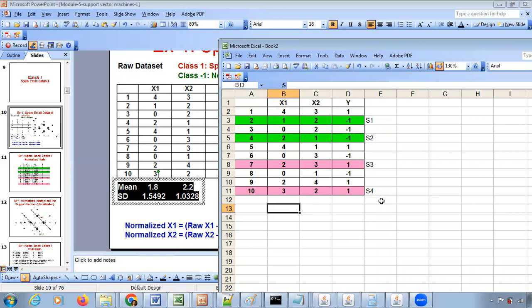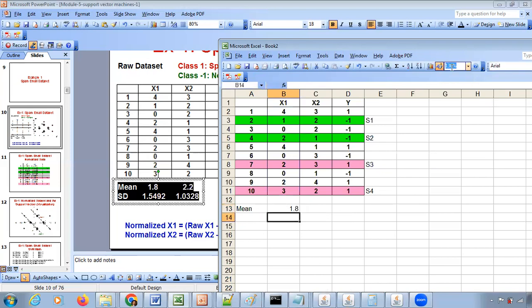For each feature, the mean is equals AVERAGE, which is the formula used in Excel for the mean. You're going to include the cells B2 to B11 for all the 10 records.